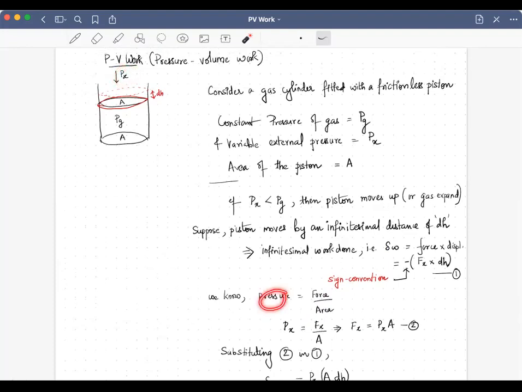So we can write pressure as Px, force Fx, divided by area A. So I can write Px is equal to Fx upon A, or Fx is equal to Px into A. Let me write it as expression 2.